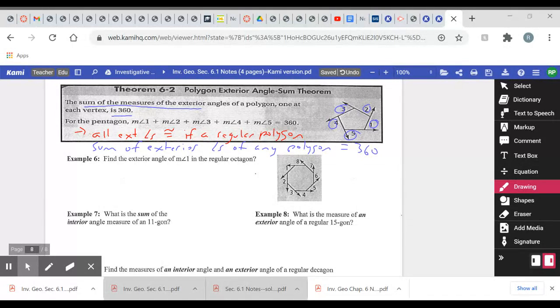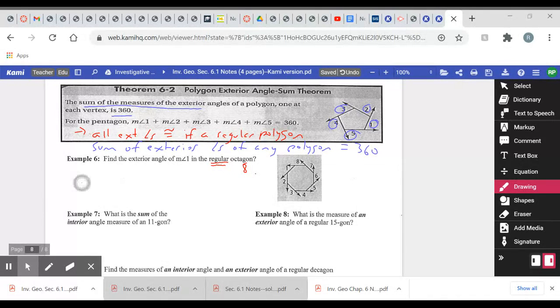So in example 6, it says, find the measure of exterior angle 1 in the regular octagon. Regular means all the sides and angles are congruent, even though they didn't mark it. So all the exterior angles are congruent, and octagon means it has 8 sides.